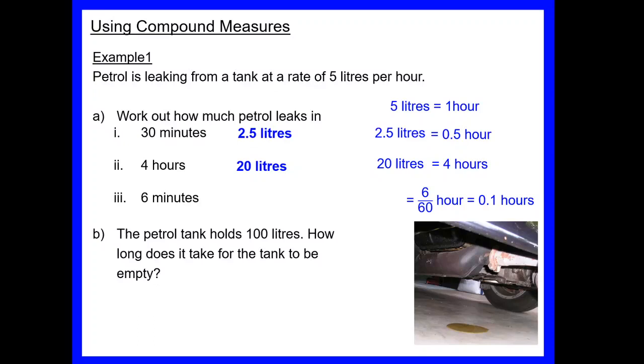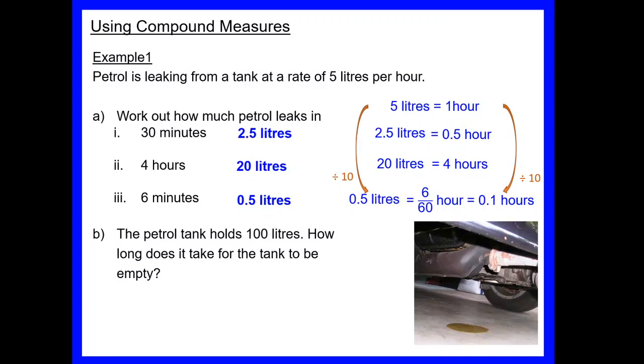If you're not sure what to divide by, 1 divided by 0.1 will tell you the divisor. 1 divided by 0.1 is 10, so we divide by 10 on one side and by 10 on the other, which gives us 0.5 litres. So for 6 minutes we have 0.5 litres.